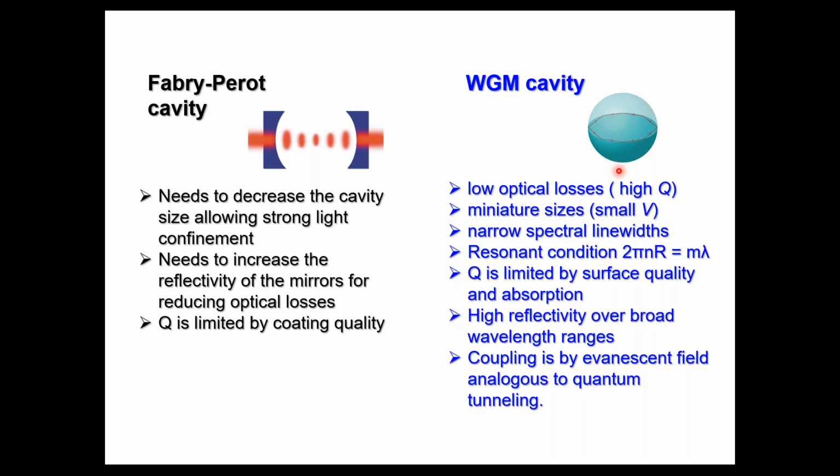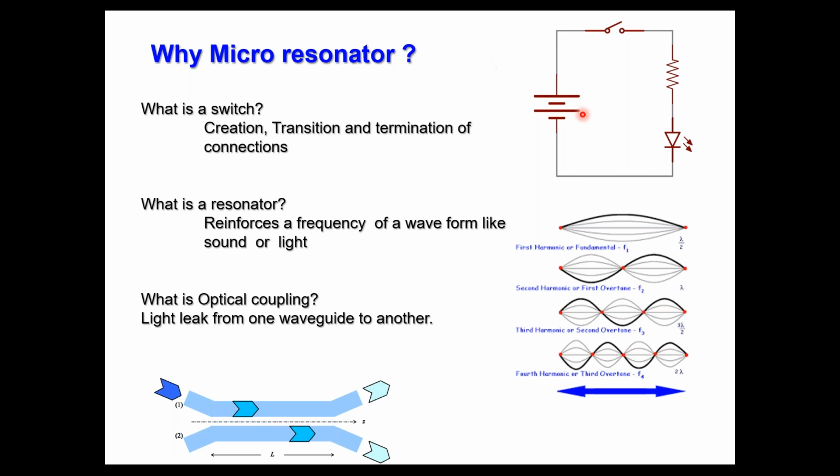You are familiar with the tunneling effect of the electron. So equivalent to that, the photons can also tunnel into the forbidden regions. So the evanescent field mechanism is used for coupling. We will see it in detail later.